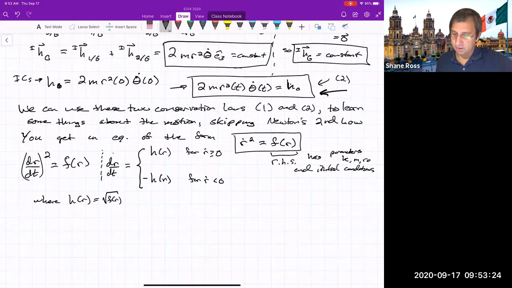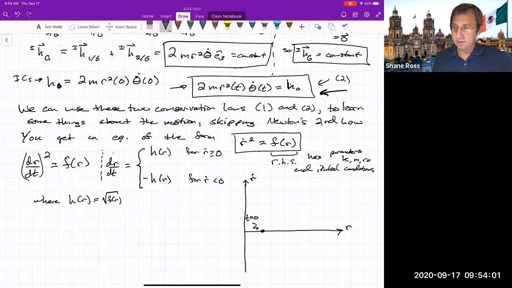Now it's useful to have a picture to interpret what we're doing here. We could plot r versus r dot. This is called a phase plane, the r and r dot phase plane. If we start with r dot equal to 0, so here's our initial time, t equals 0, we start at some initial r value.